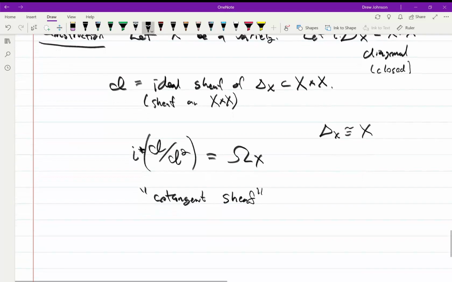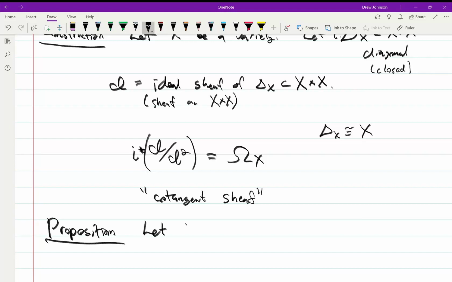All right, so we talked about how the cotangent sheaf is supposed to be the dual of the tangent sheaf. So let's make that just a little bit more precise here. So proposition. Let X be a variety of pure dimension n.